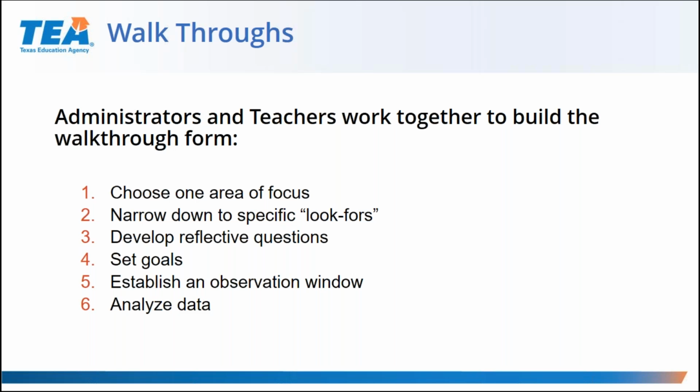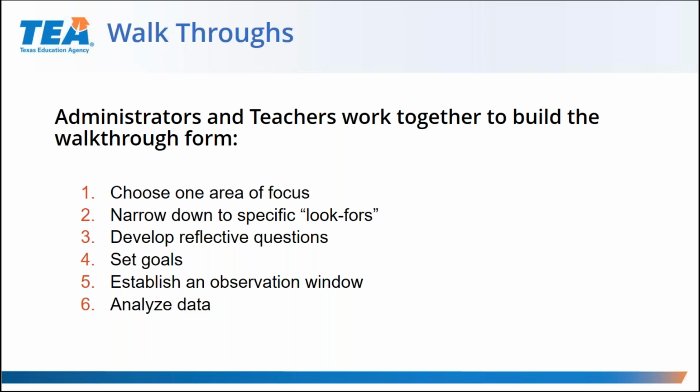So similarly to the vertical alignment meetings, you want to choose one area of focus. And then you're going to narrow down to specific look-fors. So let's say that your area of focus is on community building or classroom community.